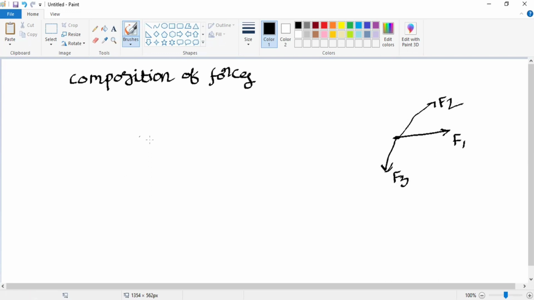Composition of forces means the combination of two or more forces.